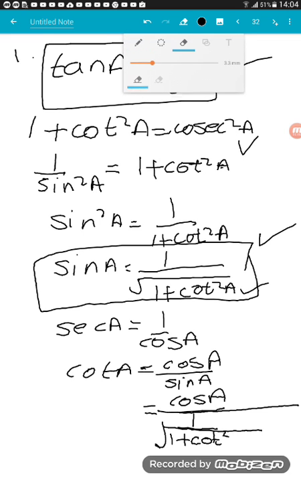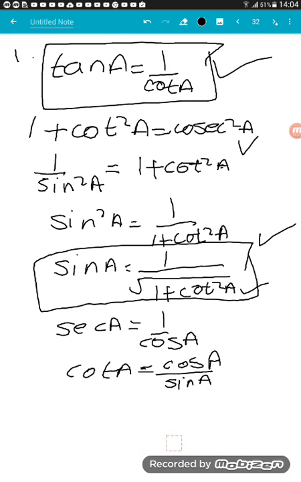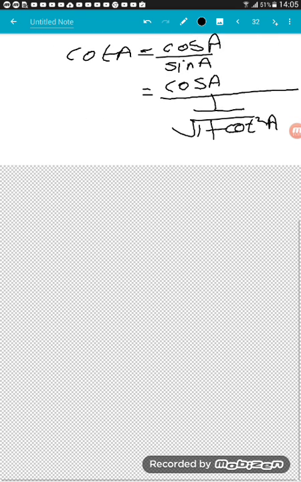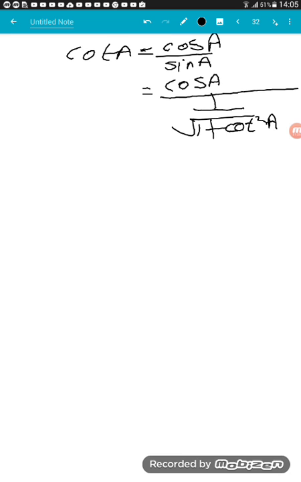Cos A, and one more thing is there, it is 1 by root 1 plus cot square A. Now we will see this one.